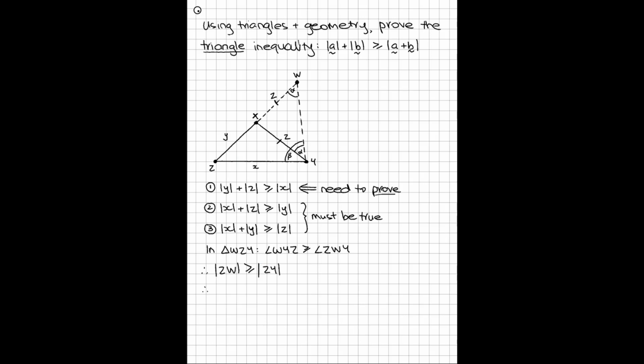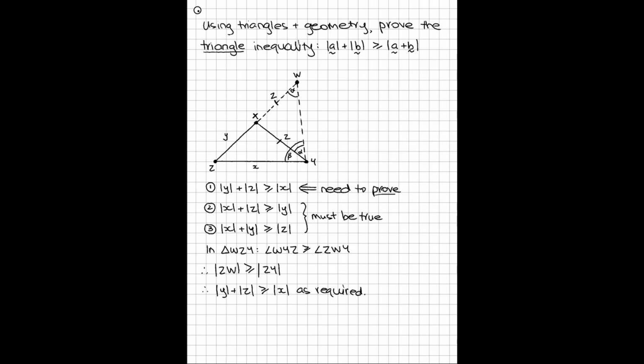Which therefore means, if we put in the letters we're dealing with, ZW is the length of Y plus the length of Z. So I can say the length of Y plus the length of Z is greater than or equal to ZY, which is the length of X. And that's what we needed to prove, so that's as required. So there I've given a geometric proof of the triangle inequality in general.